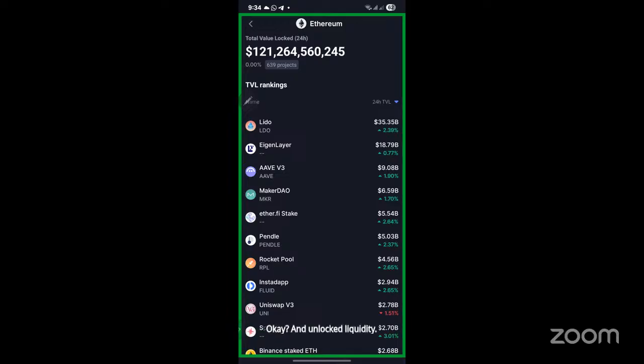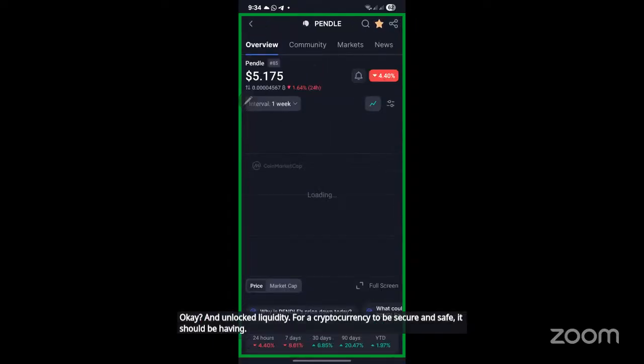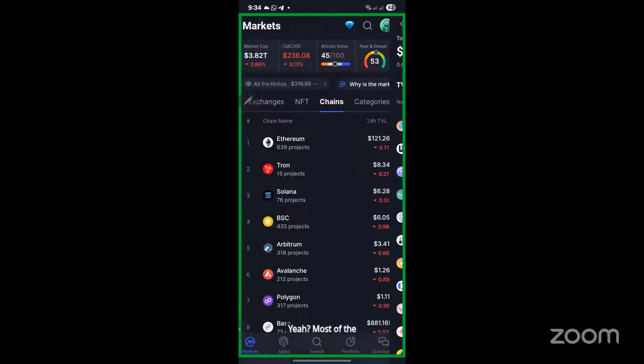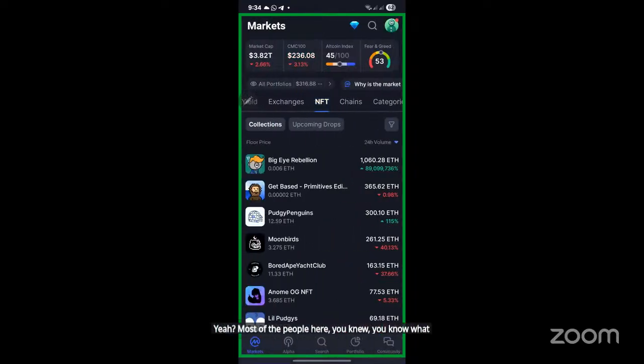For a cryptocurrency to be secure and safe, it should have liquidity locked. Most people here know what happened to this coin. Was it OM? The coin went down almost 500% within microseconds.